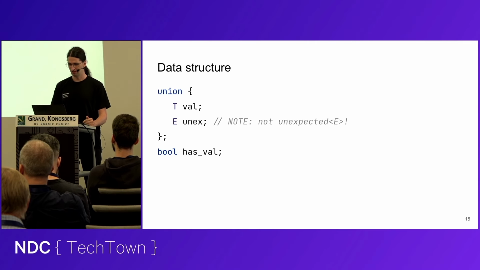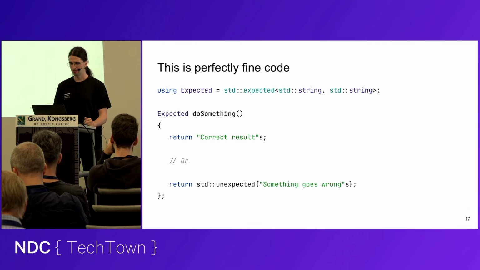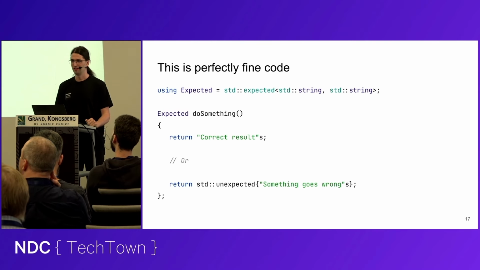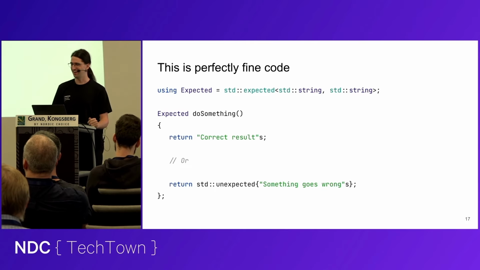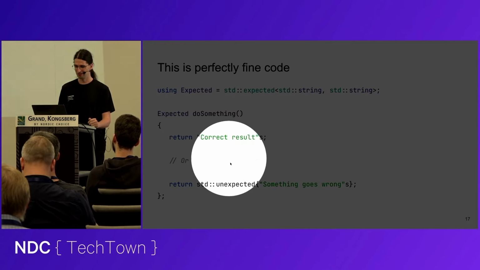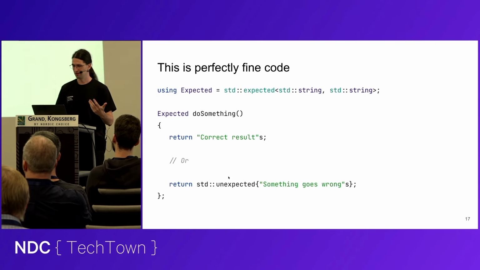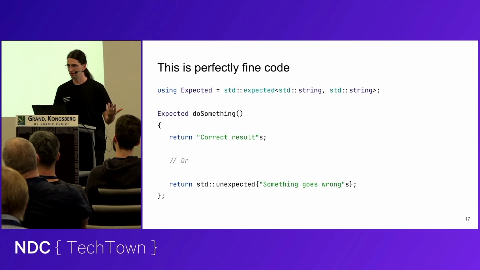If you didn't know, a union allows you to have the same type, nothing wrong here. So that's why this code is perfectly fine code. You have an expected of string and another string. And that's the reason why you might need to have std::unexpected to distinguish what you return, that you either return value or an error out of it.